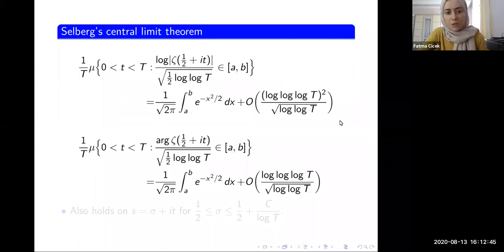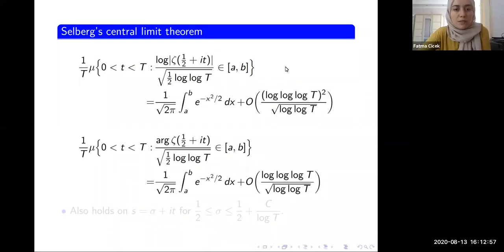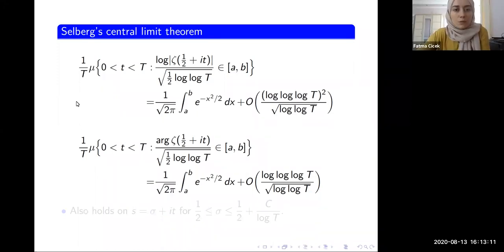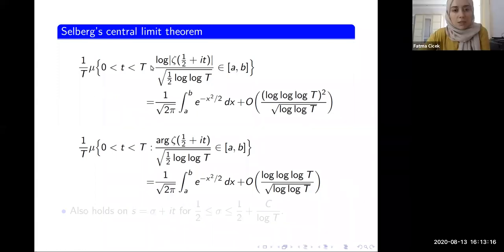So the difference between the error terms is connected to the zeros of the zeta function on the critical line. So in the first statement, when 1/2 + it is just a zero of the zeta function, there isn't anything to say, because that's just a discrete set of points and that doesn't affect this continuous distribution. However, when 1/2 + it is still close to a zero, that will make the real part of the logarithm really small.